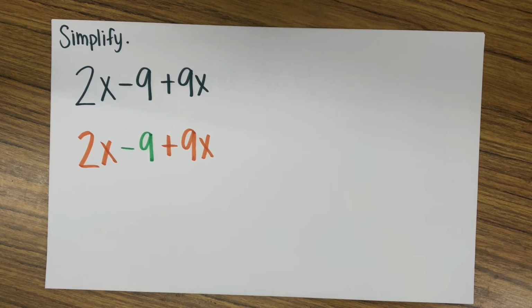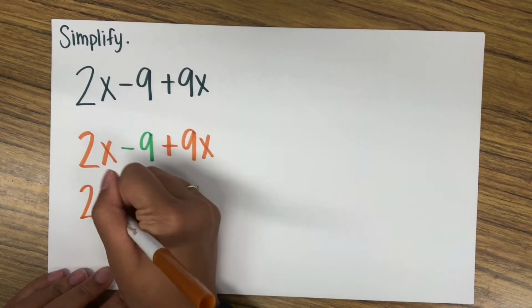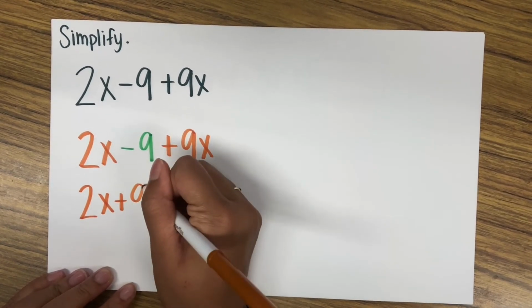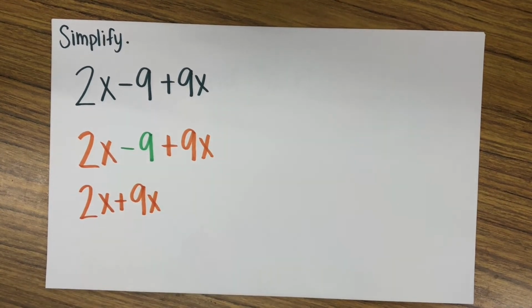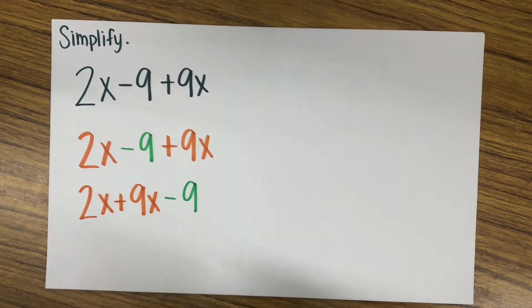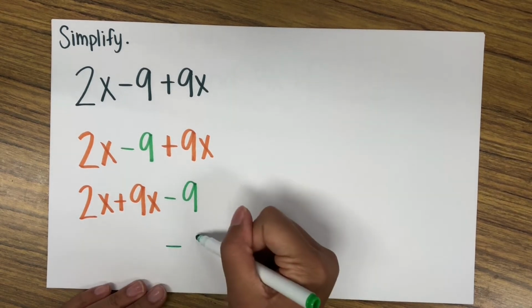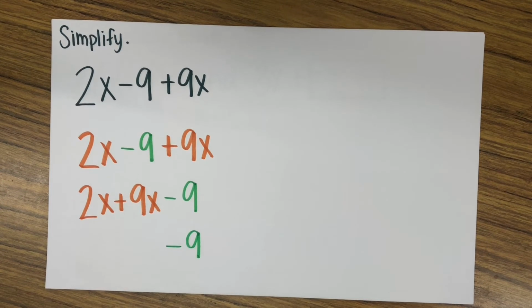If I rewrite this so that my like terms are closer together, it can help me to solve and get to my final answer. As I can see, I only have one term that's in green, so it has no other like terms. I don't have anything to combine.